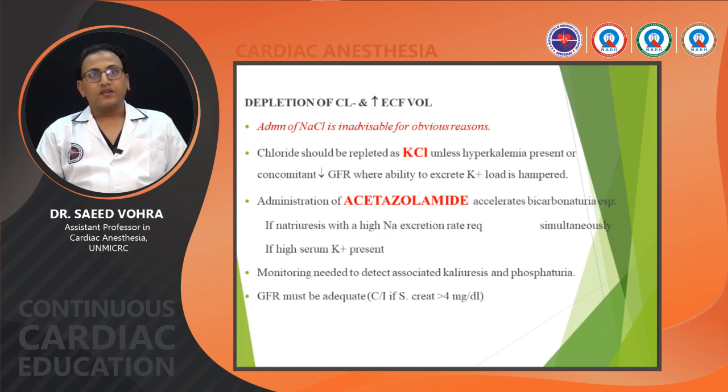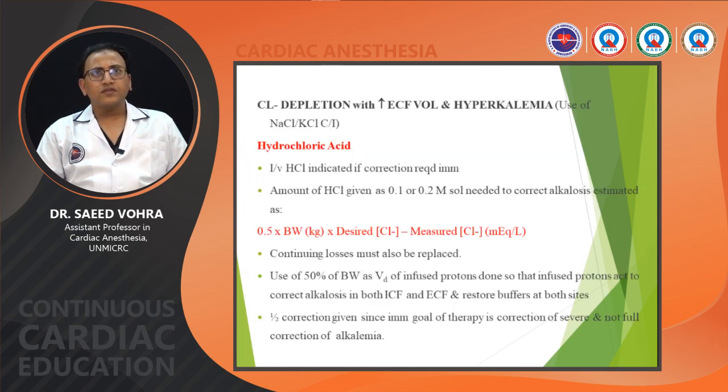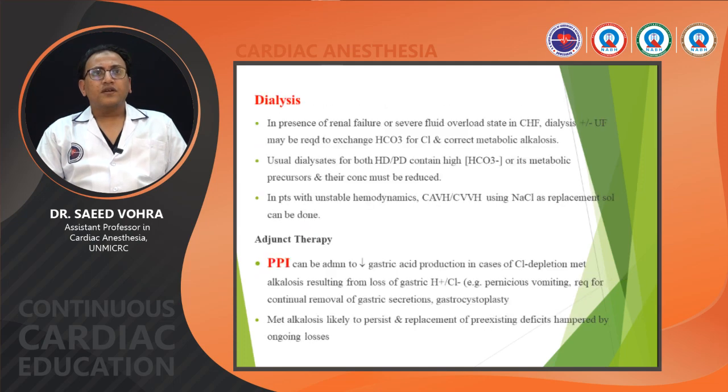GFR must be adequate. Acetazolamide is contraindicated if serum creatinine is more than 4 mg per dL. Chloride depletion with increase of ECF volume and hyperkalemic state, then you may need to give hydrochloric acid. Dialysis might be useful in the presence of renal failure or severe fluid overload state in congestive heart failure. Dialysis with or without ultrafiltration may be required to exchange bicarbonate for chloride and correct metabolic alkalosis.